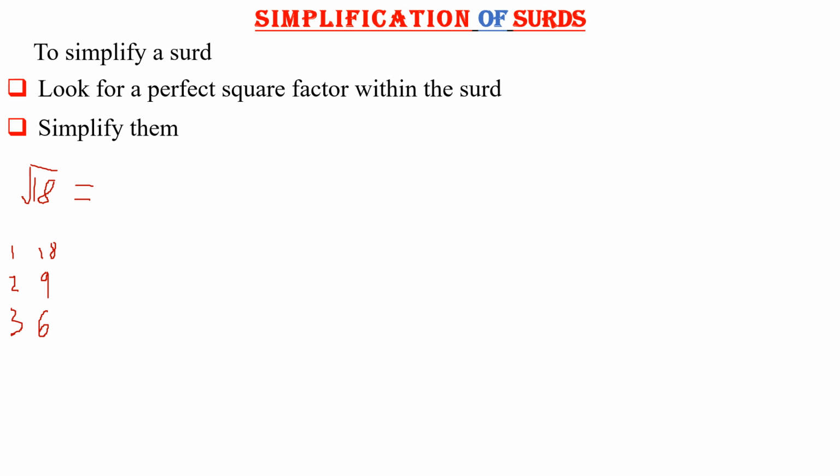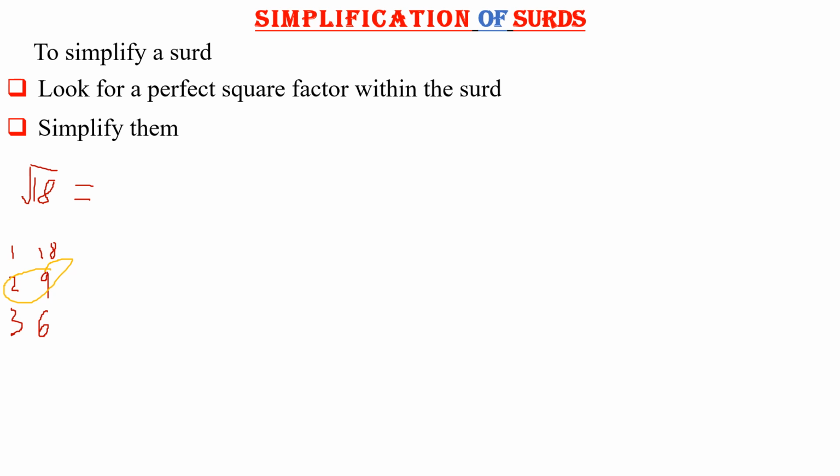So these are the factors of 18. Now out of these factors, which of them is a perfect square? So it is 9 that is a perfect square. Therefore, the pair of numbers that can give us 18 that contains a perfect square is going to be 2 and 9.